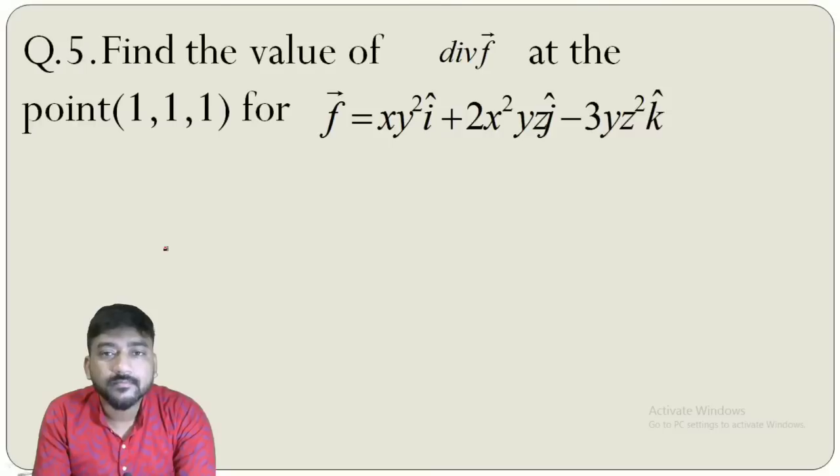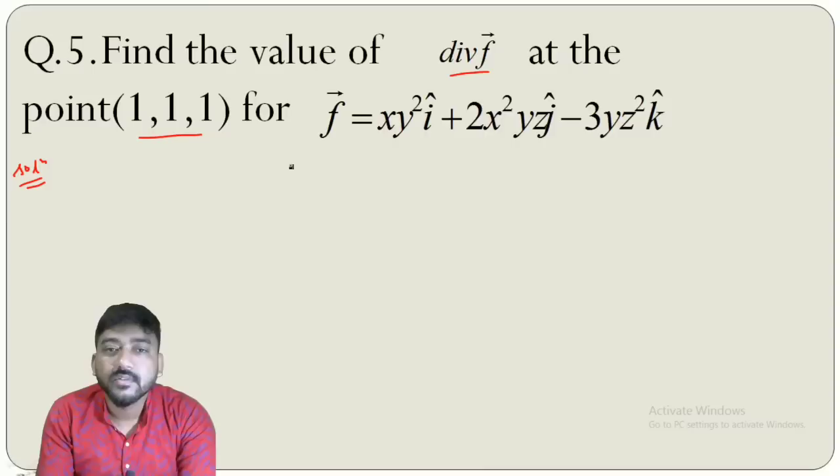Next question, question number 5. Here we have a function f. Find the value of divergence f at the point (1, 1, 1) for this function f. Here f is given as xy square i cap plus 2x square yz j cap minus 3yz square k cap.